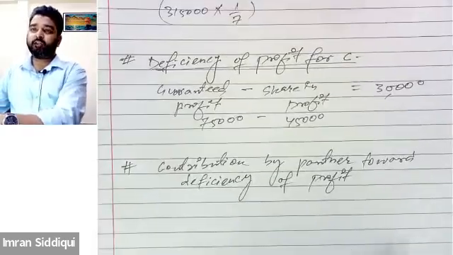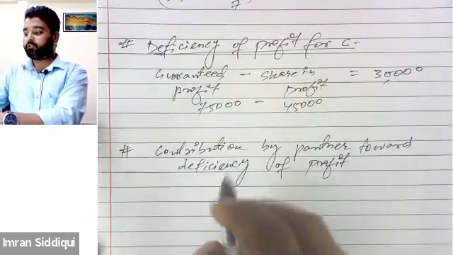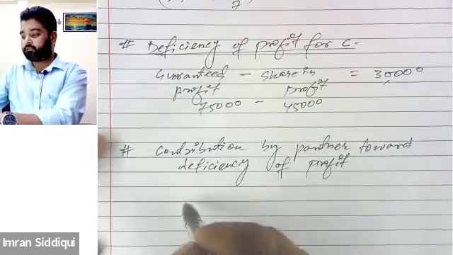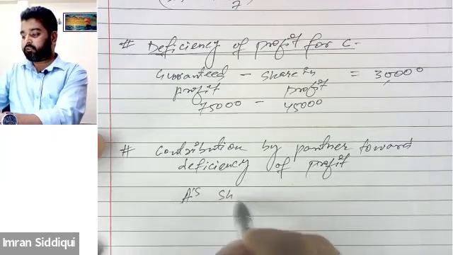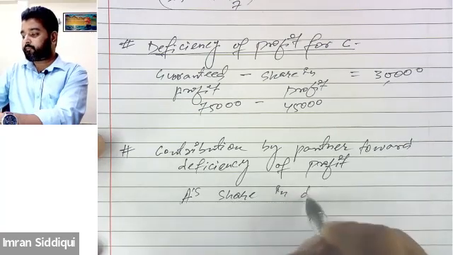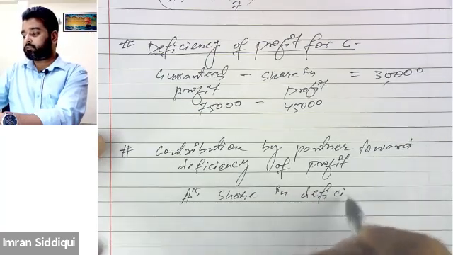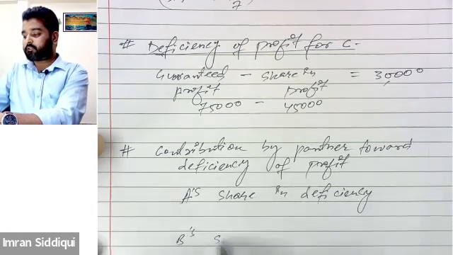So first of all, since A and B both have given the guarantee, this deficiency of 30,000 will have to be borne by both the partners. We will find out A's share in deficiency, and then B's share in deficiency.